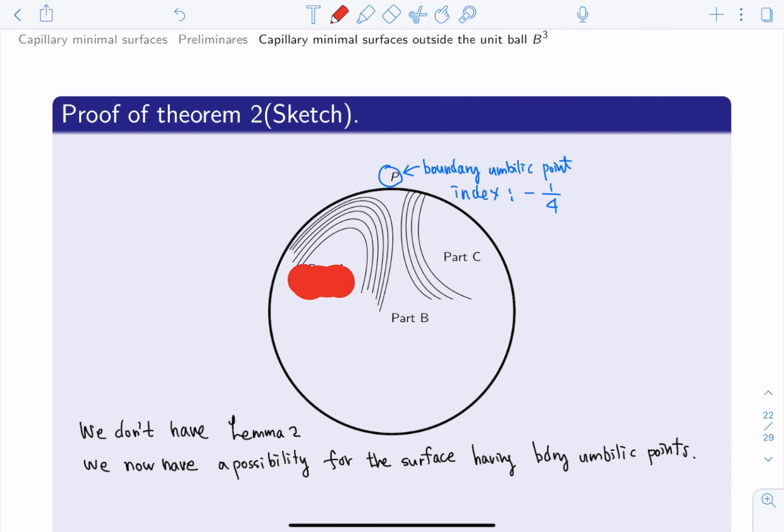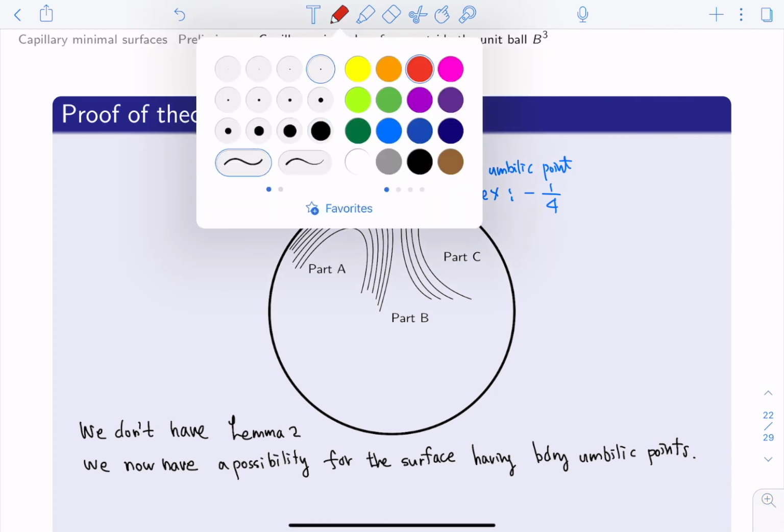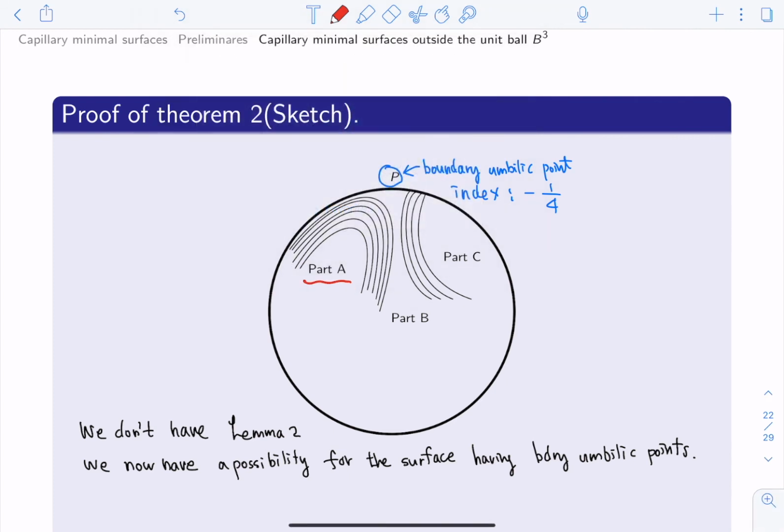So one part is part A, and the other part is part B, and the other one is part C. Then we can find out that on part A and part C there must be an umbilic point with positive index, because the shape of the lines of curvature tells us that.